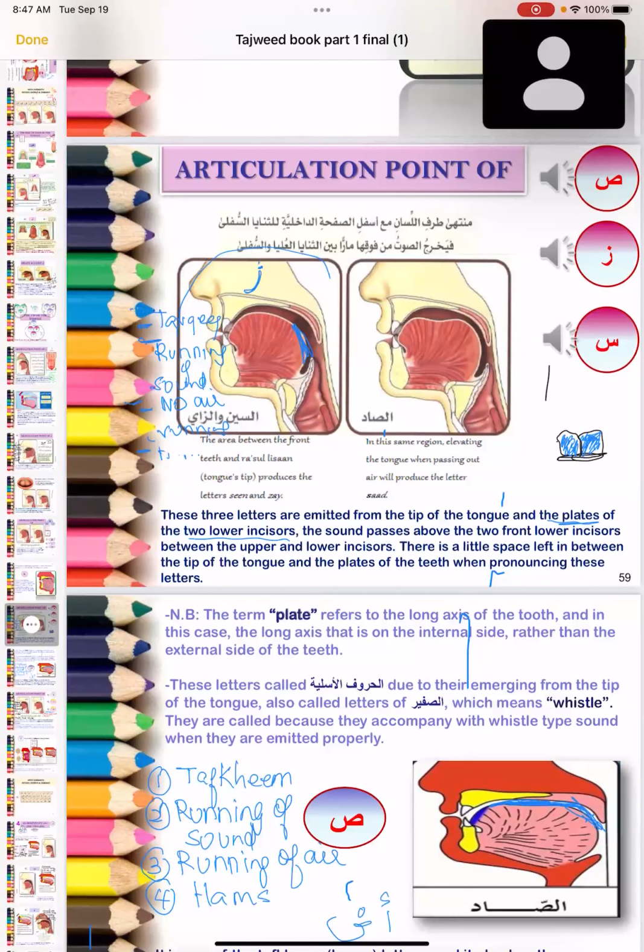In all these three letters, if you notice, Sod has a whistling sound, Zai has a buzzing sound, and Sin has a hissing sound. When we put a hamza before that, we can hear the sound of the whistle in Sod, like the whistling of a wind.